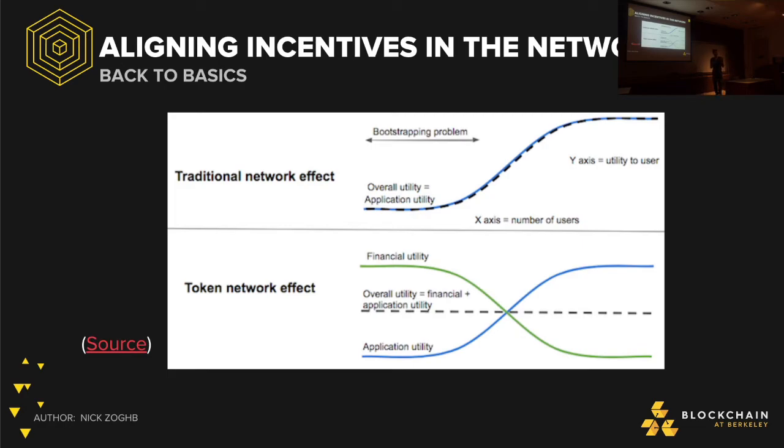Ideally. So for example, who holds Ether right now in this room? Okay, a few people. Do you use it to run smart contracts? Who uses it to run smart contracts? Why not? Because its value grows. Exactly.